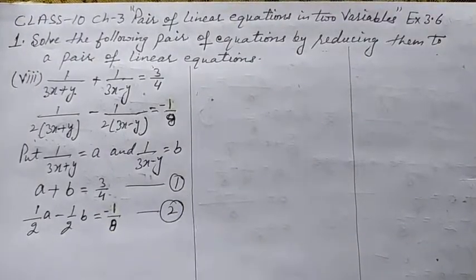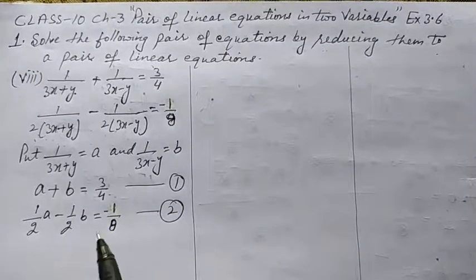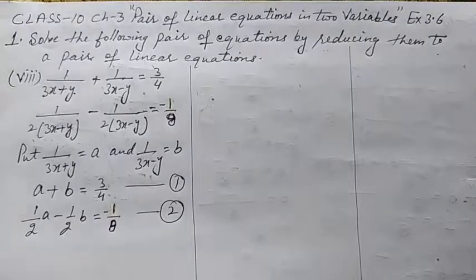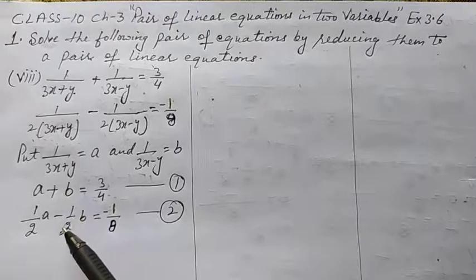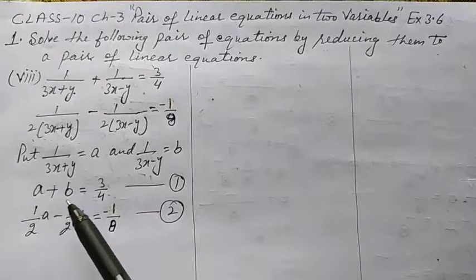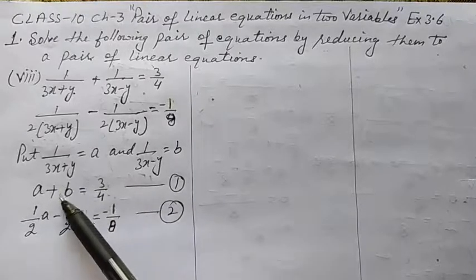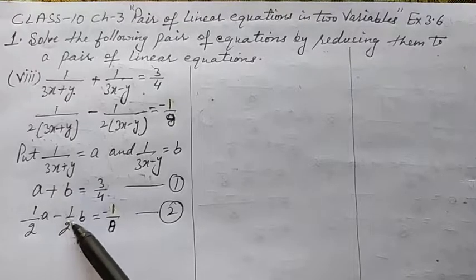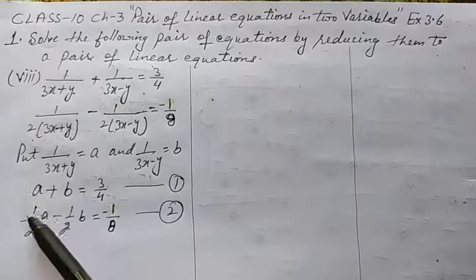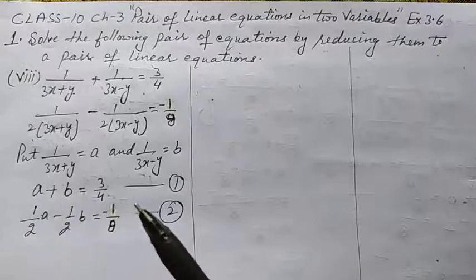We'll solve these two equations with the help of the elimination method. In the elimination method, what we do is we make the coefficient of either a or b same in both the equations. So if I multiply equation 1 by 2, the coefficient of b will be same, and a also will be same. So we can start this way.